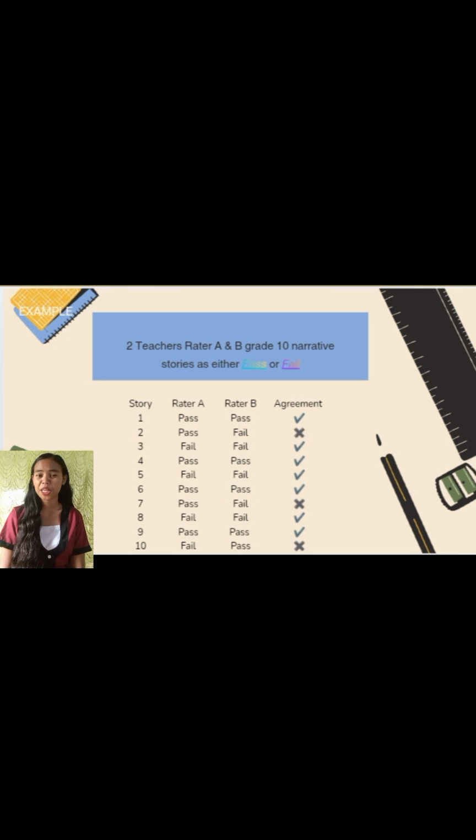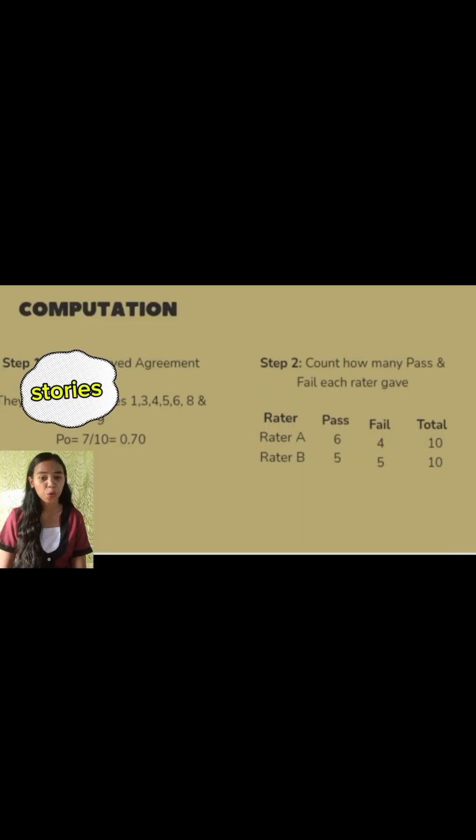Now let's go to the example of the Cohen's kappa. Two teachers, rater A and B, graded 10 narrative stories as either pass or fail. As we can see on the screen, they agreed on 7 out of 10 essays. So let's compute the kappa value. Step 1. Find the observed agreement or the PO.